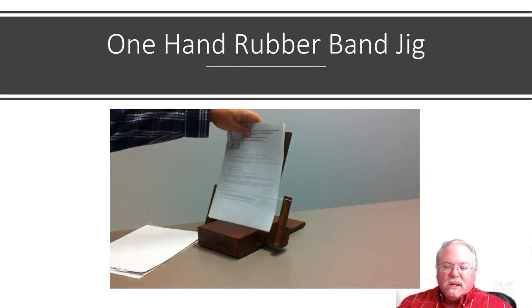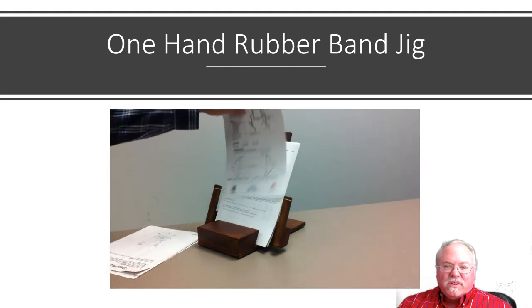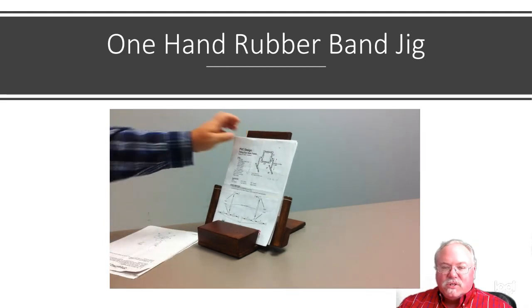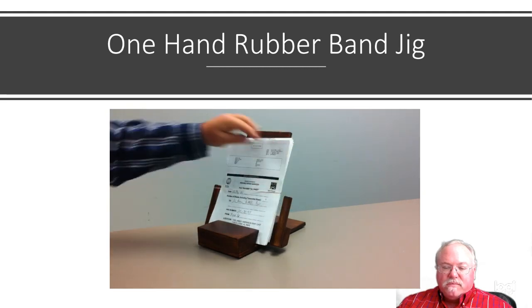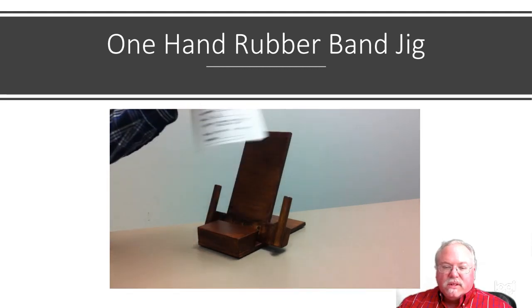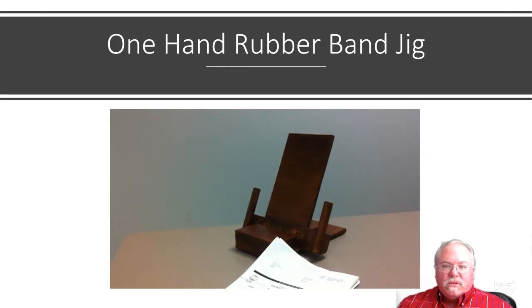And so putting a rubber band on stacks of paper with one hand was very difficult for her. She wasn't able to do it. So we created this custom little jig so that it would allow her, using one hand, to put a rubber band on a stack of papers. And again, it's a real simple sort of solution that one of our engineers came up with.